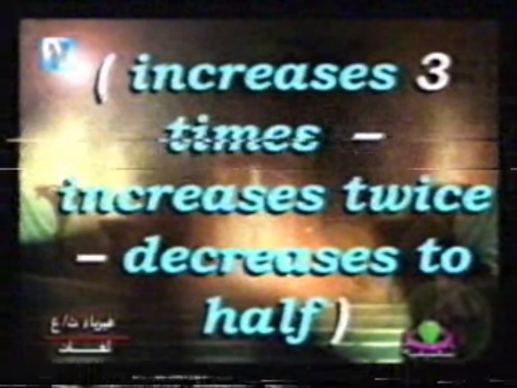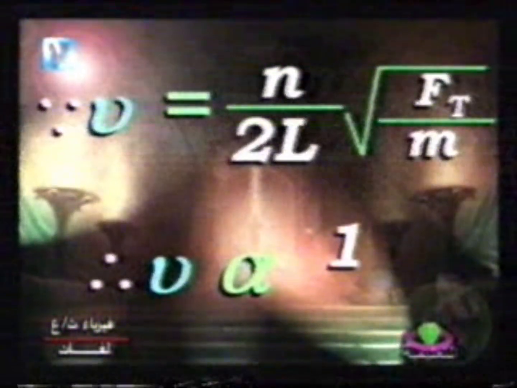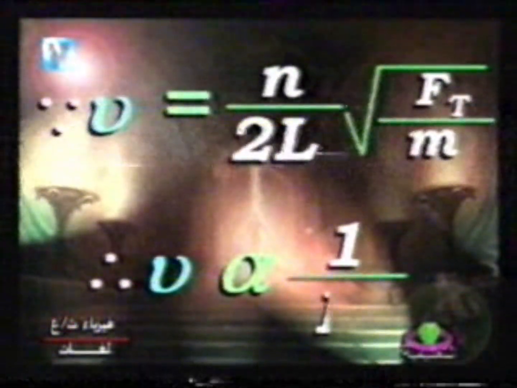Which one? The answer is decrease to half. Since nu equals n over 2L root Ft over m, as we said before, it is clear that nu is inversely proportional to the length of the string.